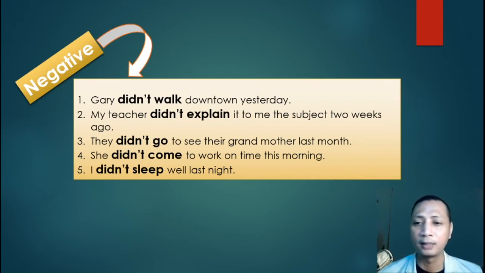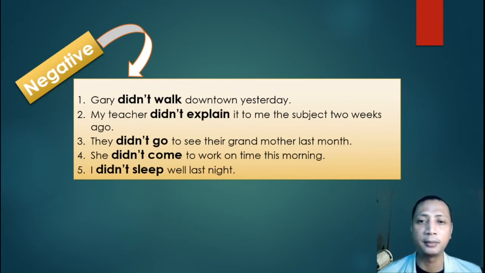Have a look at sentence number 2. My teacher didn't explain the subject to me 2 weeks ago. Number 1 and number 2 are the same. Number 3, they didn't go to see their grandmother last month. Number 4, she didn't come to work on time this morning.